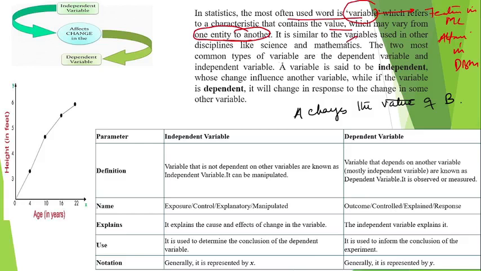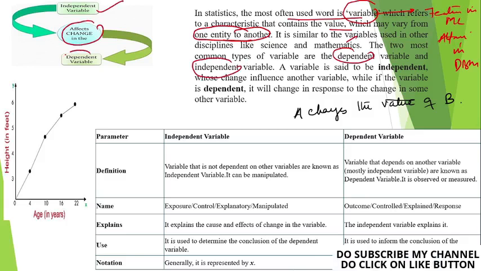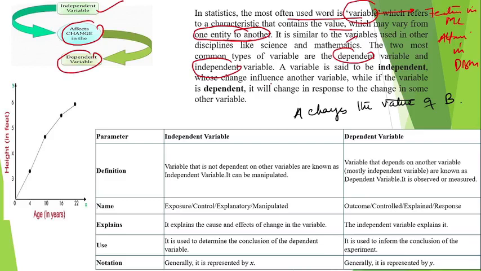The two most common variables are the independent and dependent variable. An independent variable has an effect on the dependent variable. A variable is said to be independent if it can influence another variable, like A changes B. For example, if you study 3 hours, you will get 60% of marks.